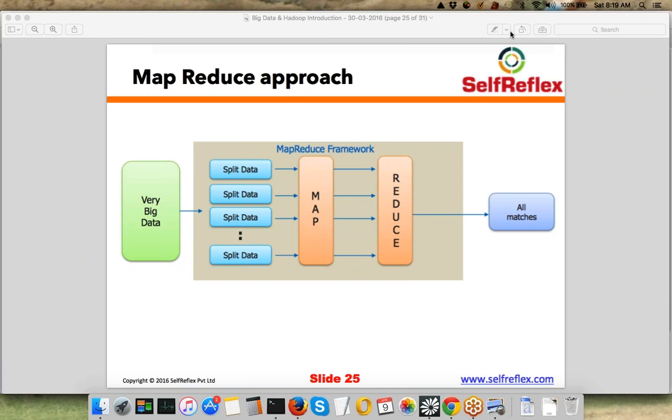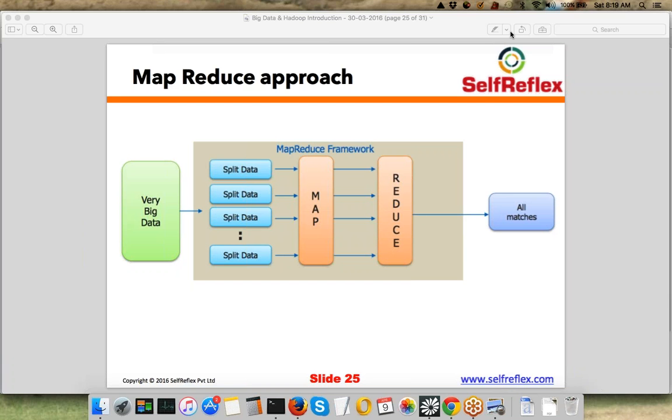Himanshu is saying, how does the data flow from map to reduce? Is there only one reducer? No, Himanshu. There are a lot of concepts for that. I don't want to get into details of that, but I can give you a pointer. Between map and reduce, there is something called shuffling and sorting.